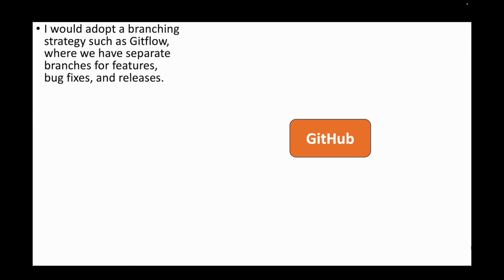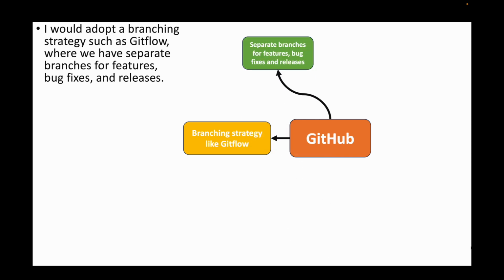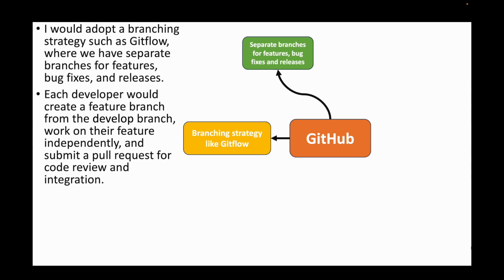So for this, we can adopt a branching strategy like Git flow. So in GitHub, we have different branching strategies. Git flow is one such option. Now under this, we will have separate branches for features, bug fixes, and releases. So essentially, we'll maintain multiple branches.